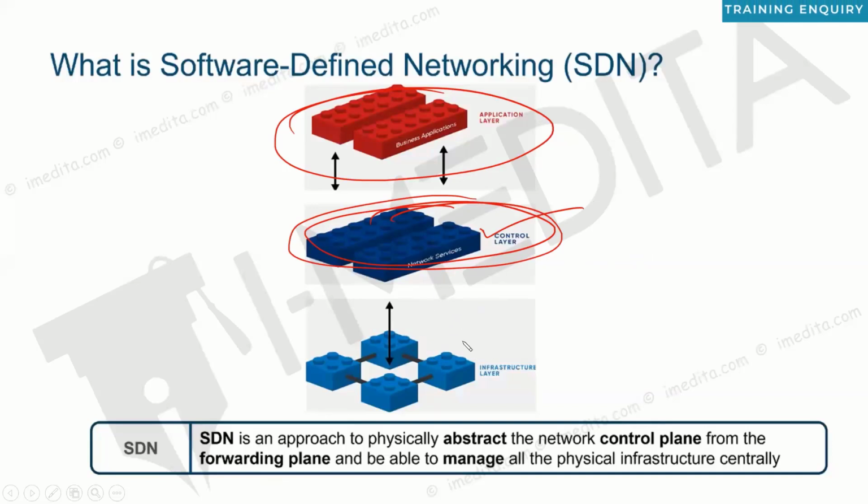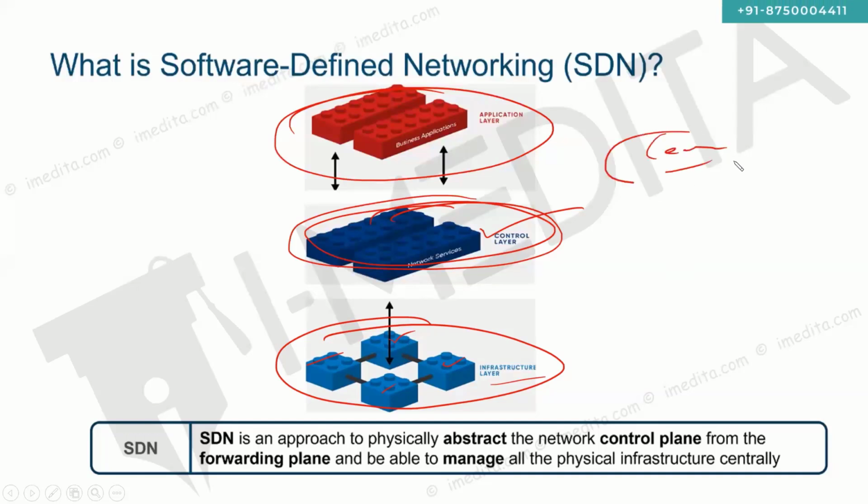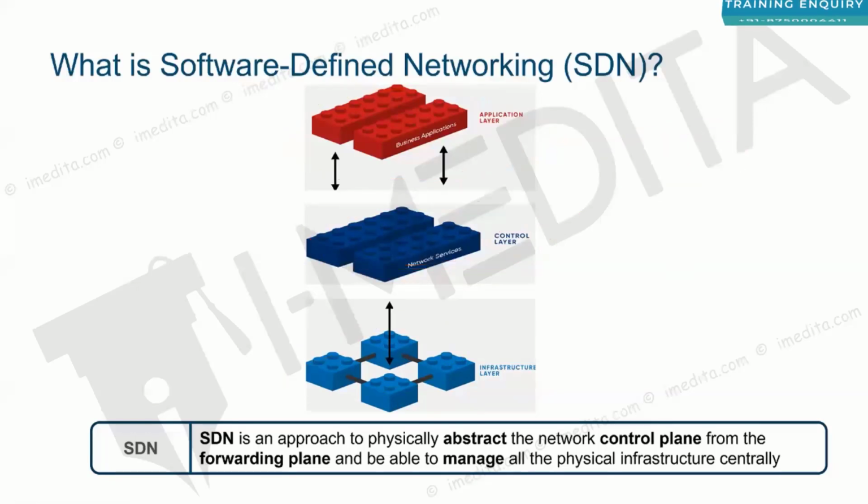Earlier, at the infrastructure layer, which means at the device level, like at all routers, you had your data plane as well as control plane. But now you have abstracted the control plane. So in SDN, you would have a centralized control plane, and you will understand that in some time.